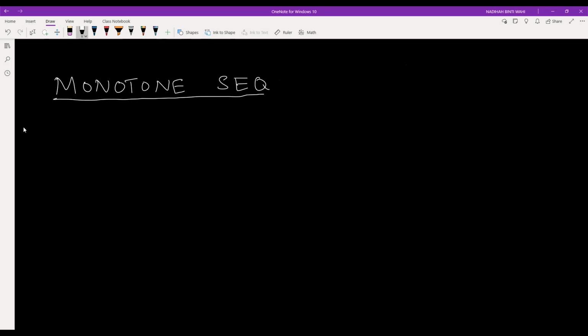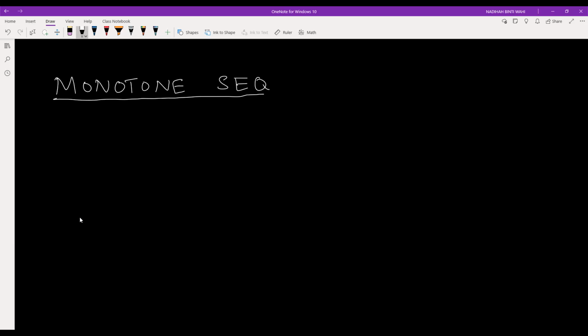You learned this for functions in Calculus 1. A function can be monotonically increasing or monotonically decreasing. This is the same thing.